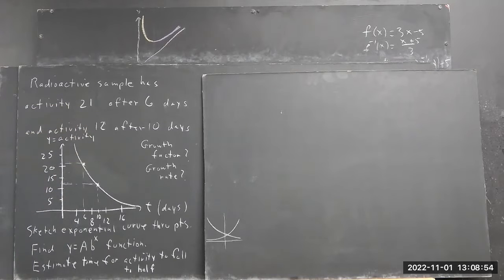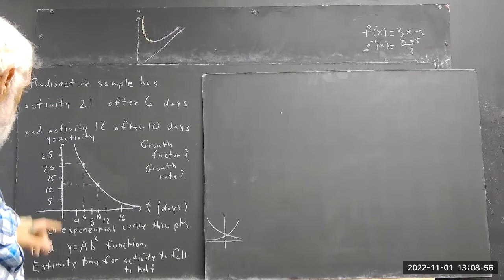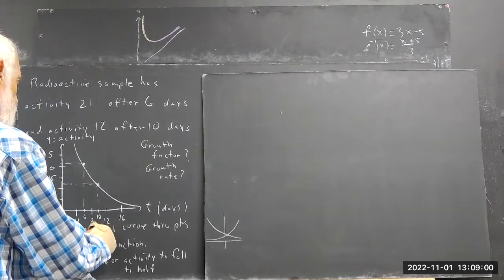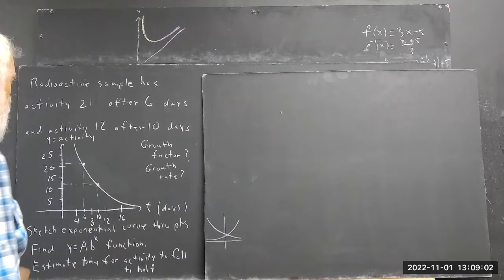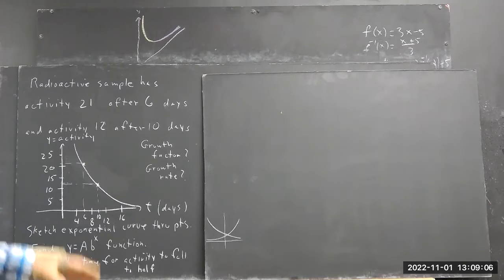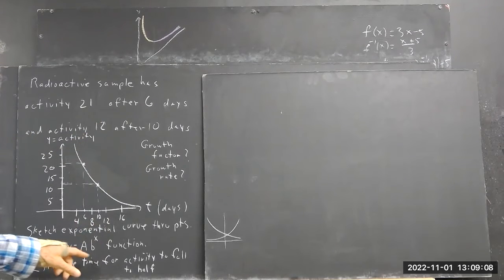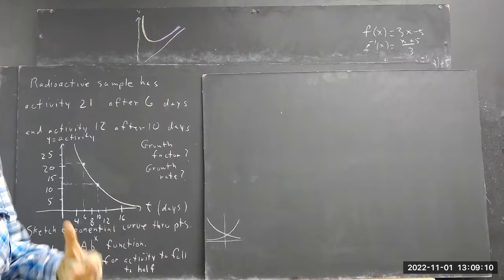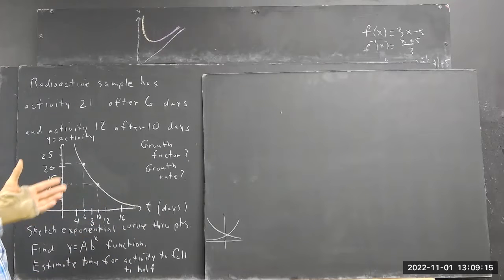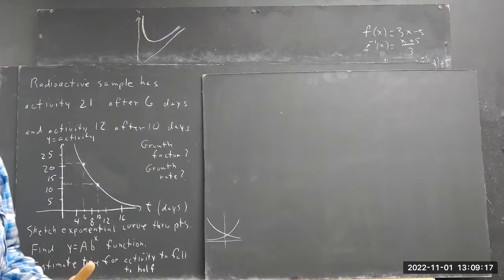It's just kind of a model. Your open math defines an exponential function as an AB to the X function. If you wanted to vertically shift it, it'd be AB to the X plus some constant. It wouldn't be a strict exponential function anymore, but I still kind of call it an exponential function. Okay, that's not important.